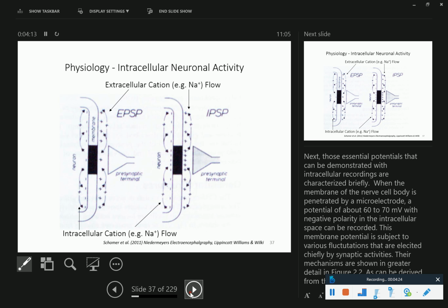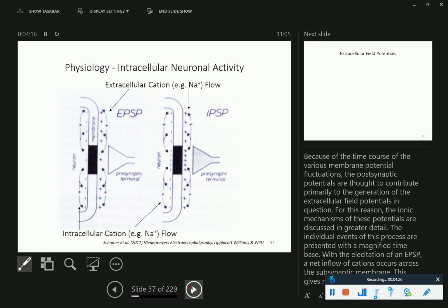One thing that is important for EEG is not so much the intracellular activity, but also that the intracellular activity links with extracellular currents. So if something is happening and you are familiar with on the inside of the cell, there's also something happening outside.